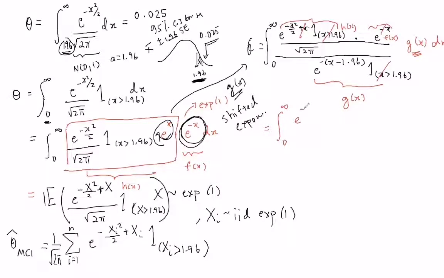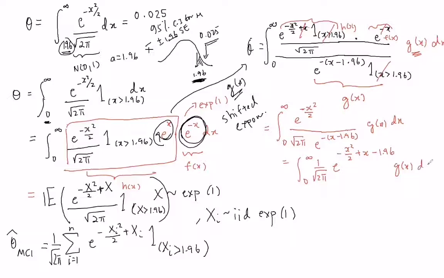So it becomes this, square root of 2 pi times this, okay? (x minus 1.96) gx dx, which is e to the minus x squared over 2 plus x minus 1.96, okay? gx dx, right?